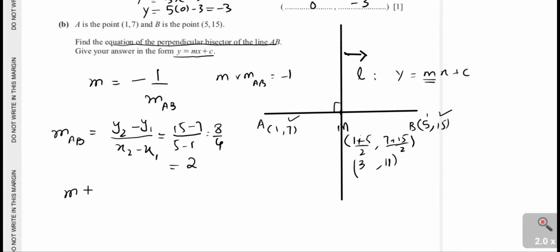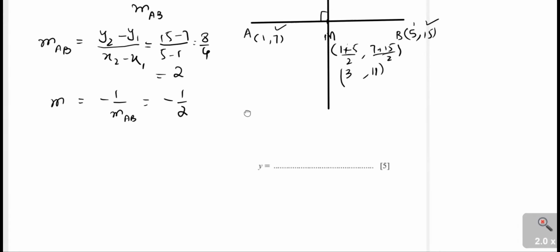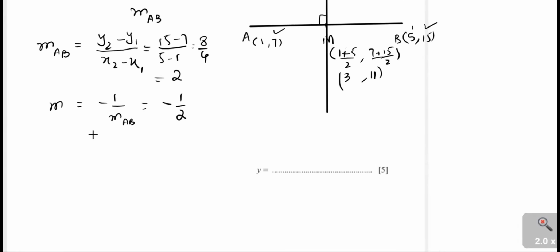Therefore, the gradient m is the negative reciprocal of the gradient of AB, and we can write minus 1 over 2. After calculating the gradient of the line, we can write the equation y equal to minus 1 over 2 x plus c.